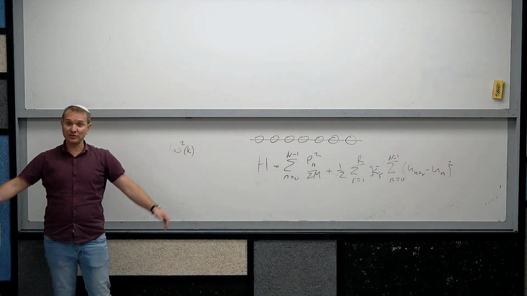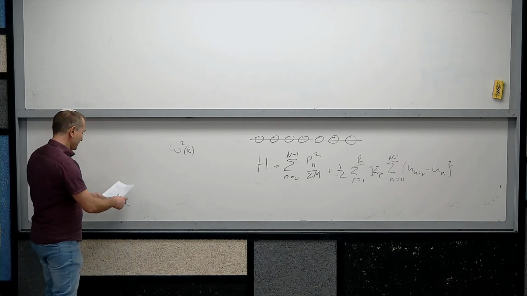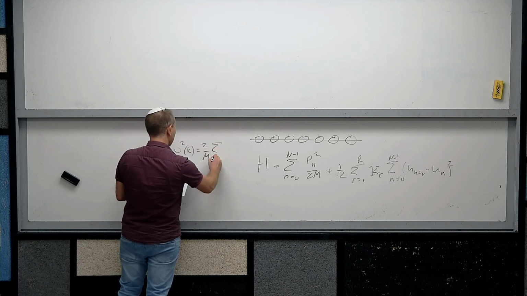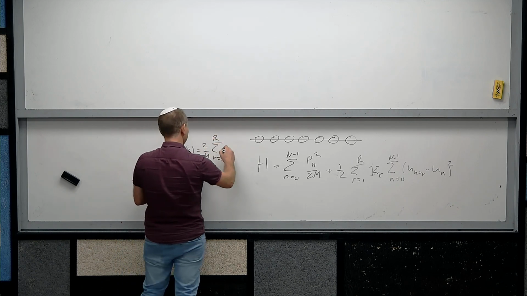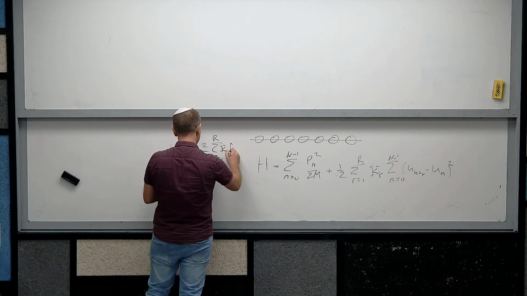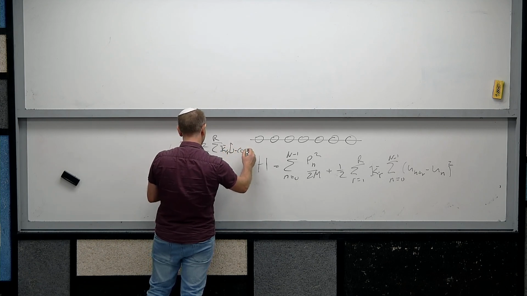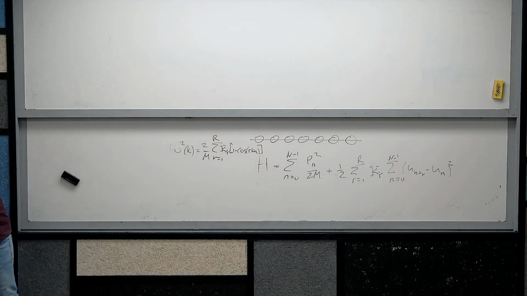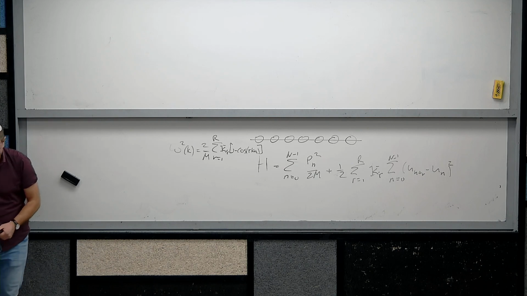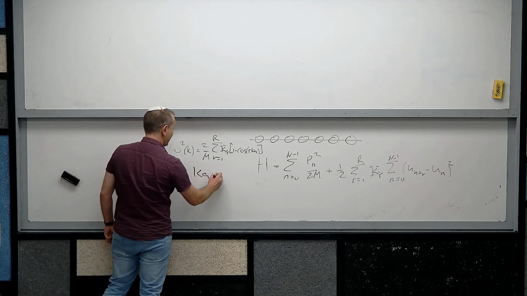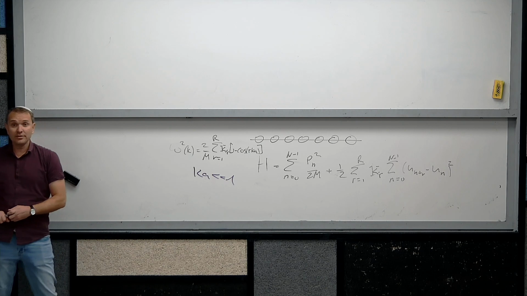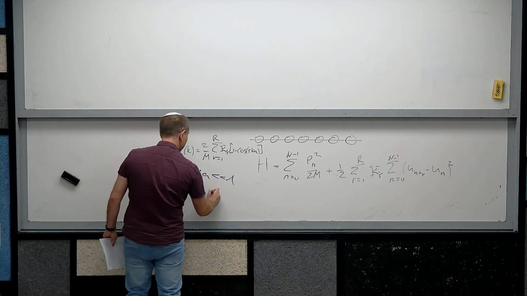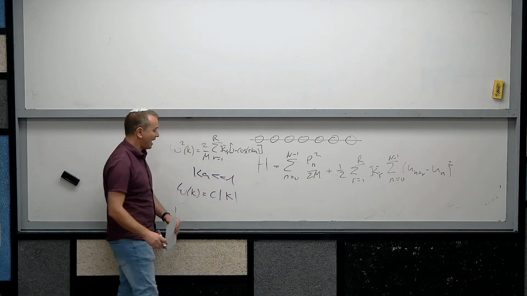Basically we transformed everything into a discrete Fourier form, and this omega squared of k was 2 over m, sum of r goes from 1 to R, k_r, (1 minus cos of r k a). And what is most important, in the limit of ka smaller than 1, we obtain the linear dispersion relation. Omega of k was c multiplied by the absolute value of k.